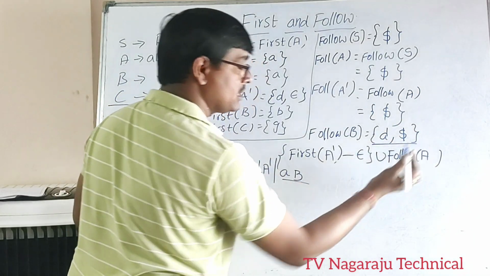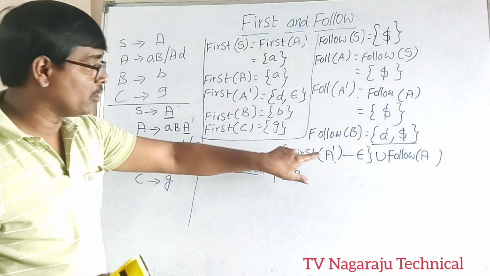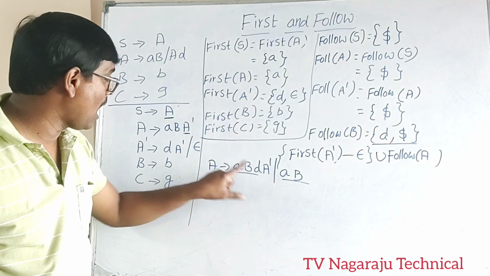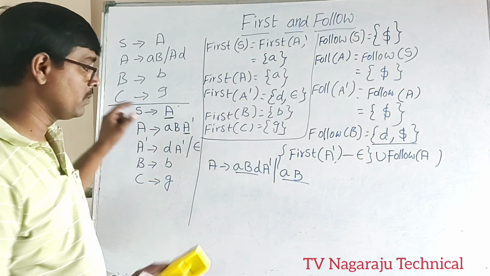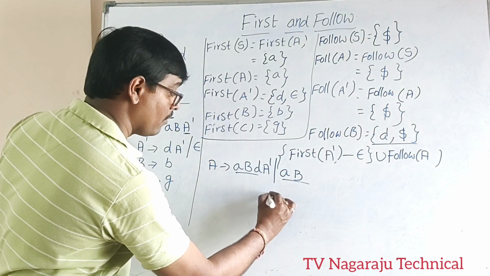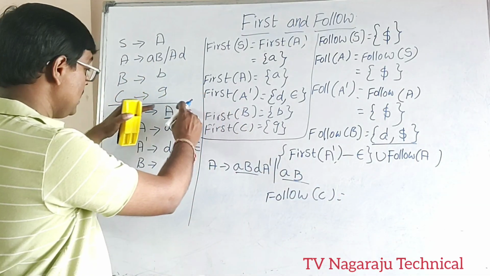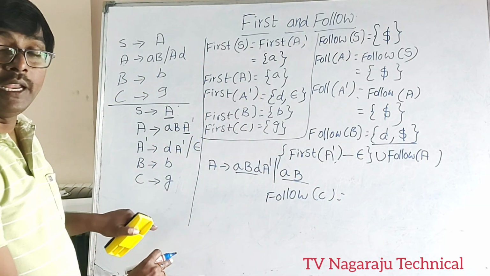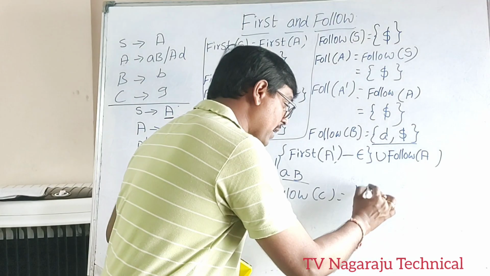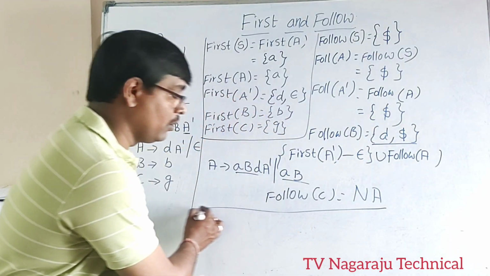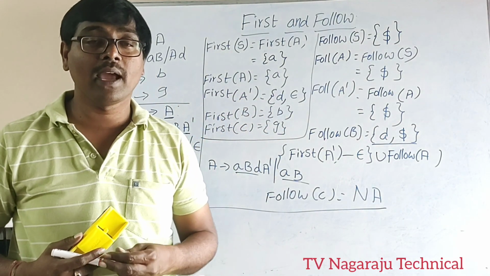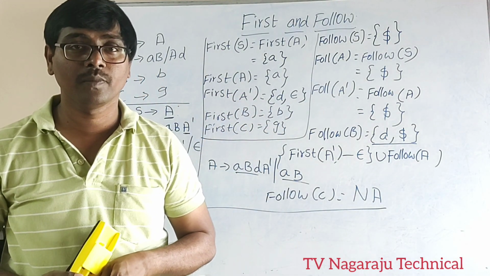So finally the answer is {d, $}. Matched or not? If you remember this procedure, you can do it, or else replace with all their possible productions. Now finally, what is the follow of C? Capital C is not available in any production, so we write not applicable. This is the way to calculate first and follow. Thank you.